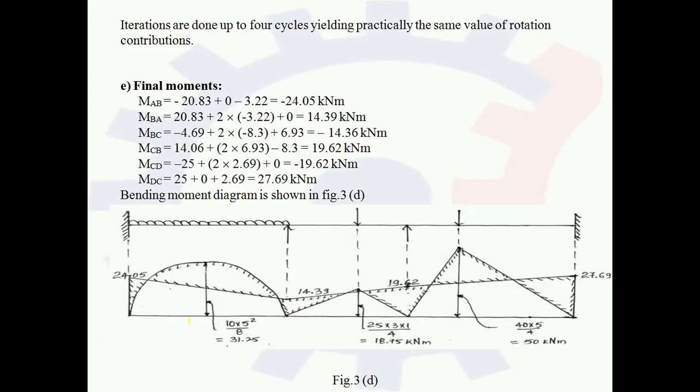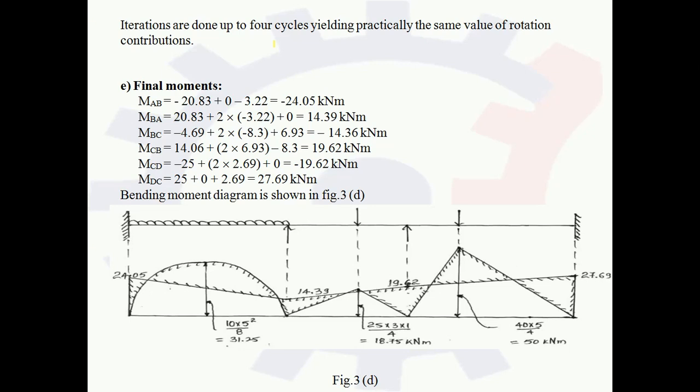So for the final moment MAB, the equation is fixed end moment plus twice the M dash moment of the near end plus the far end. For MAB the fixed end moment is minus 20.83 plus twice the near end contribution moment.